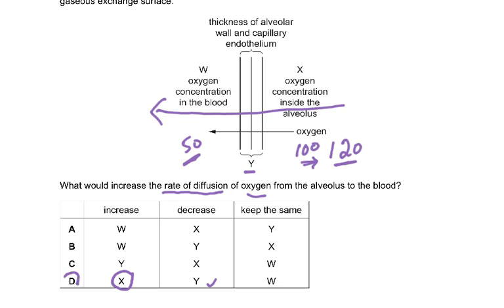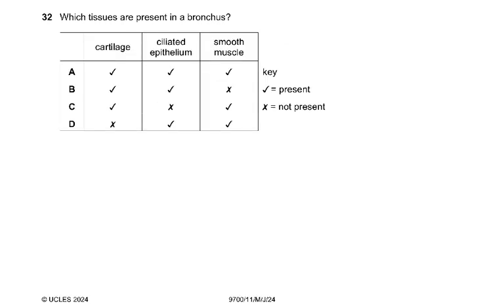So that is why the answer is D to question number 31. Question number 32, which tissues are present in a bronchus? Cartilage, ciliated epithelium, and smooth muscle, all three of them. So question number 32, it's A.